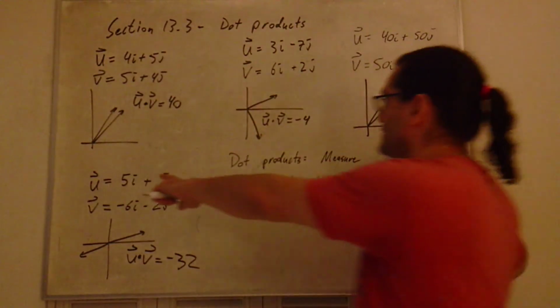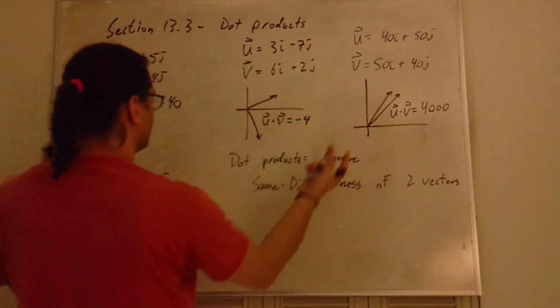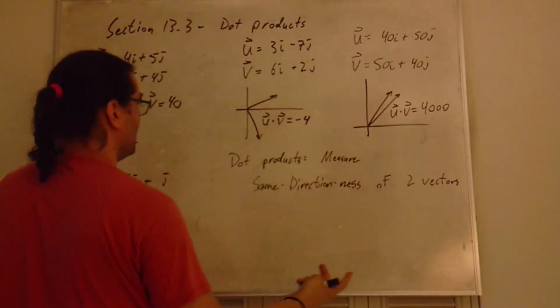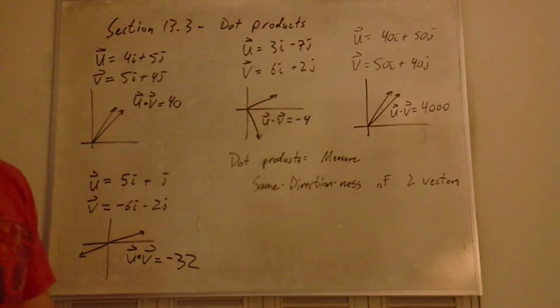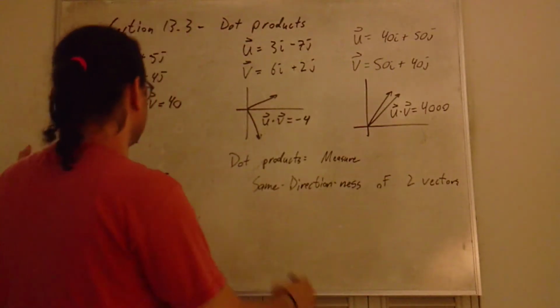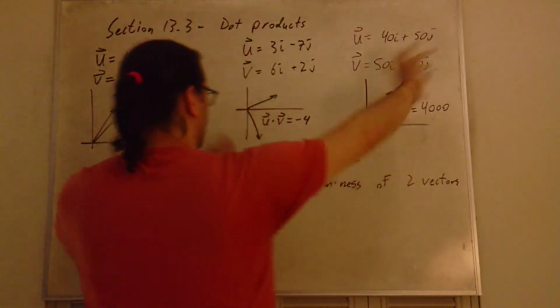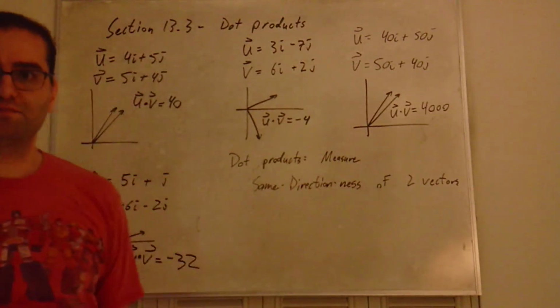But here we have an example of vectors that ought to have an identical amount of same directionness, but one of them is 100 times bigger than the other. Or one of their dot products is 100 times bigger than the other dot product, even though these vectors have the exact same amount of pointing in the same direction.